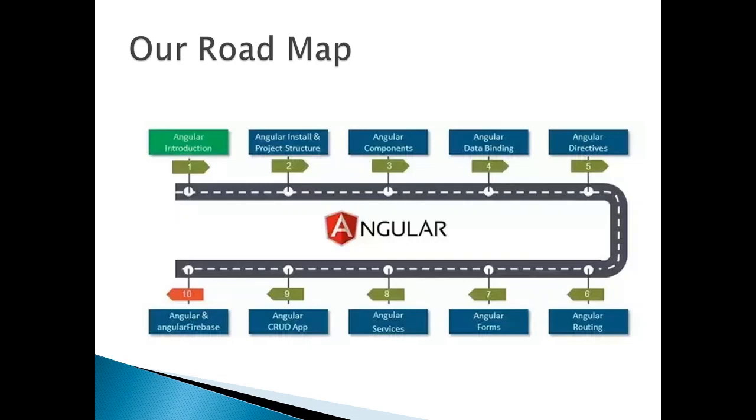These are all the concepts which we will study, and then we will see how we can connect these services with our REST API which we developed in our server part. So this will be our whole roadmap which we will follow.